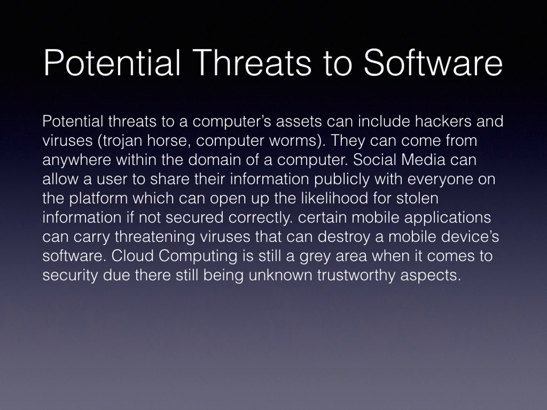While it's very sociable and seemingly harmless on the outside, people need to keep in mind that anything you leak on a social media platform opens up the likelihood of that information getting stolen, if it's not secured correctly.